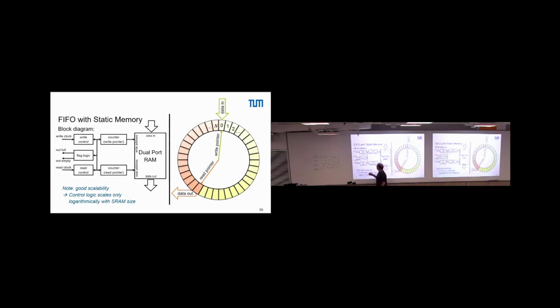So why do I say this is an asynchronous FIFO? Because potentially the read clock can be this one or that one. If this is something asynchronous, then this read controller, this read counter here, is asynchronous. The data read is asynchronous to the write domain.